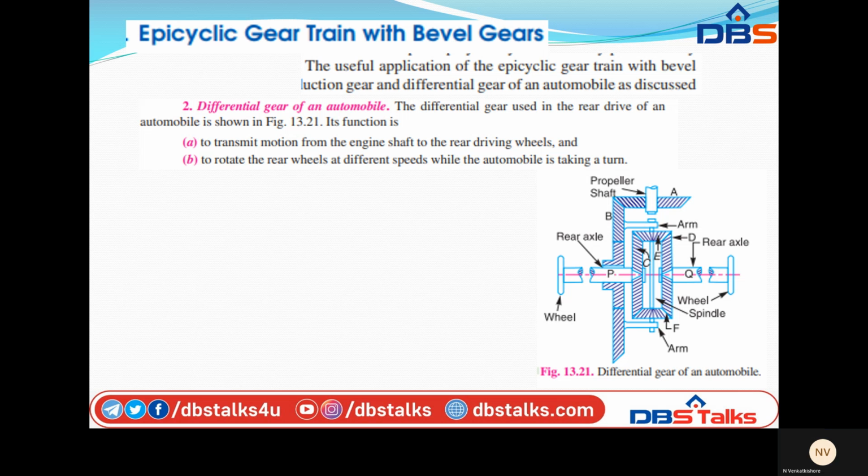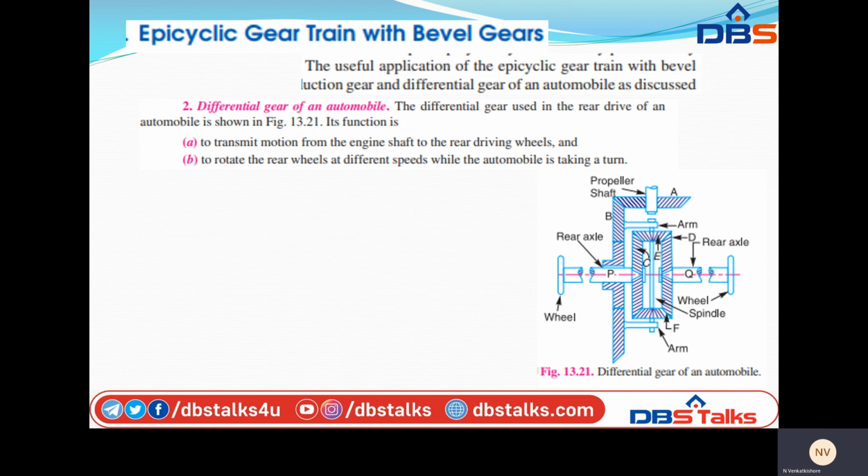Whenever the vehicle is moving in a straight path, gear C and gear D rotate together. These gears are rotated through the spindle on the gear B, that means gear B, which is connected from the engine shaft through the propeller, and the gears E and F don't rotate on the spindle.